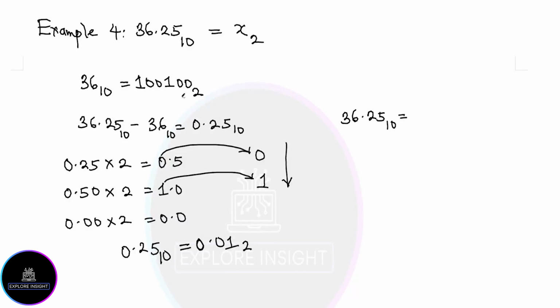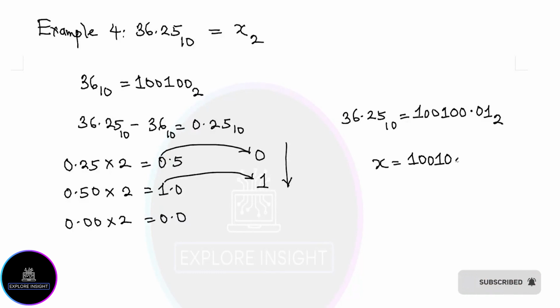Since we already have the value of 36, we are going to put it here as 100100. And then for our 0.25, we'll say dot, this dot, and 0.25 will give us 0, 1. So at the end of the day, we can say that our x is 100100.01.